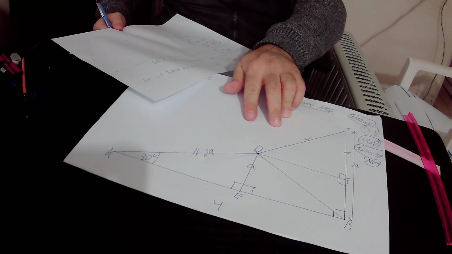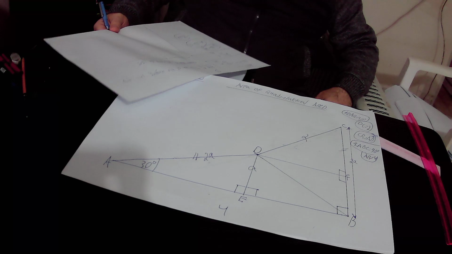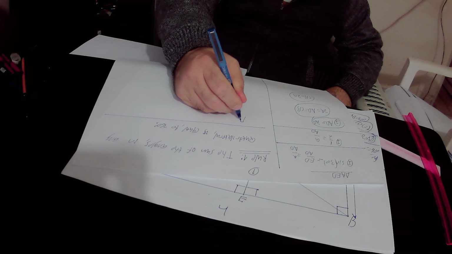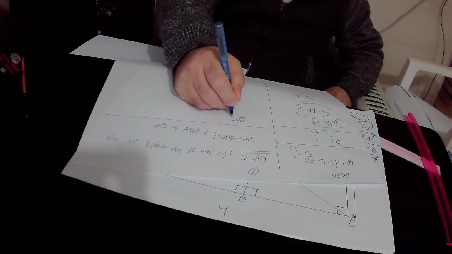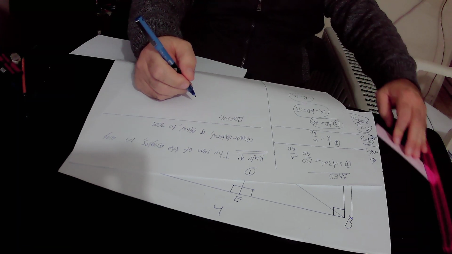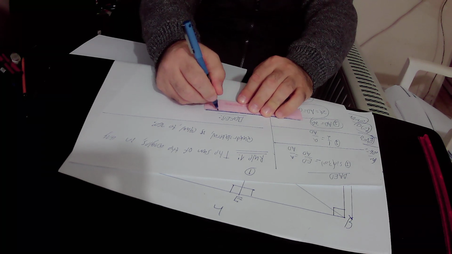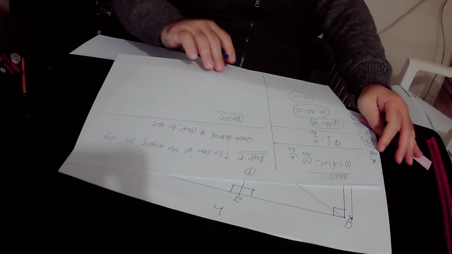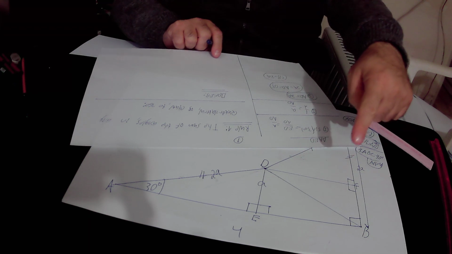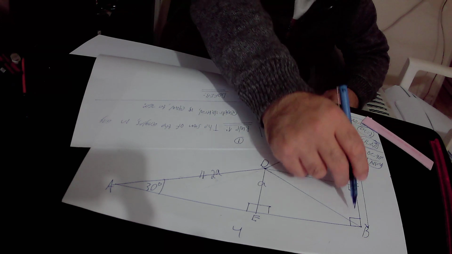So we will focus on quadrilateral DFEB. In quadrilateral DFEB, the sum of the angles must be equal to 360 degrees. And this quadrilateral DFEB has three right angles, 1, 2, 3.